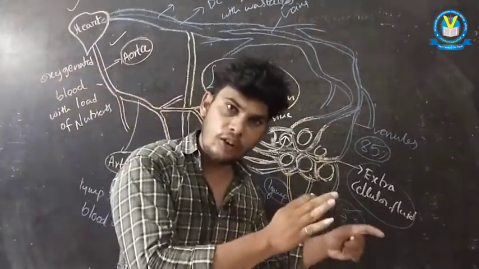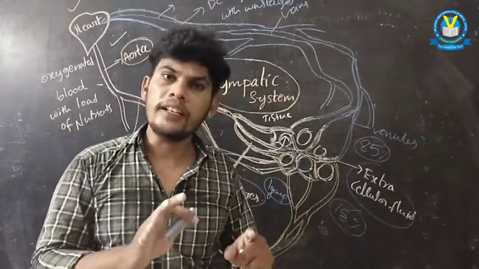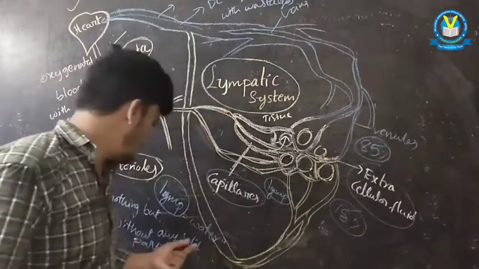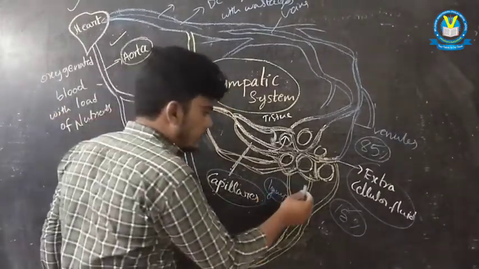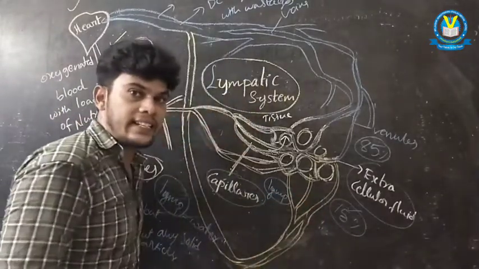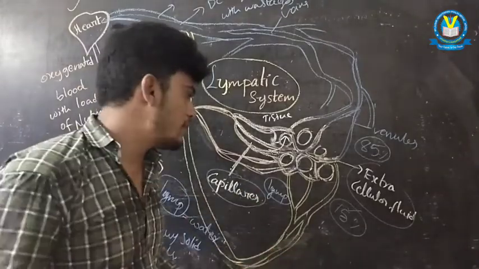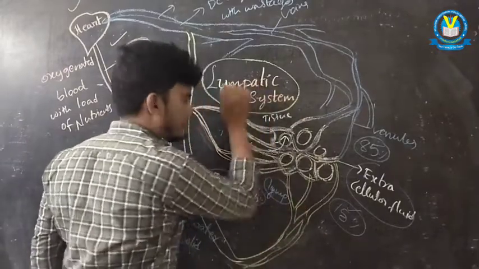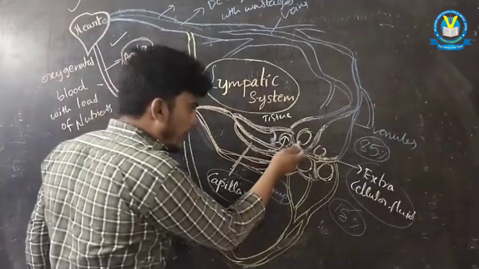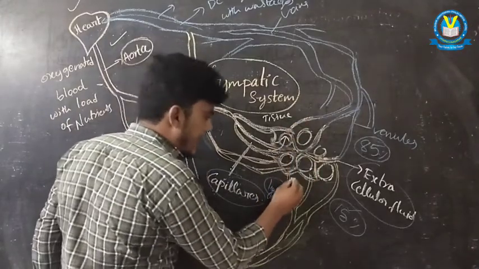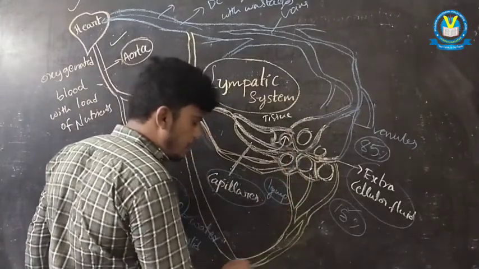Blood contains solid particles, but lymph is also blood, just with no solid particles. That is called lymph. So this lymph is carried by another system. That system is called the lymphatic system. So what is the remnant left behind here? That lymph is carried through another system, the lymphatic system.